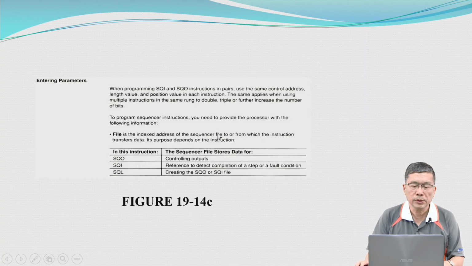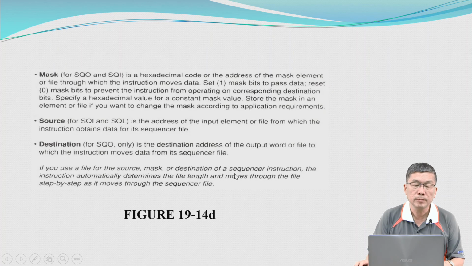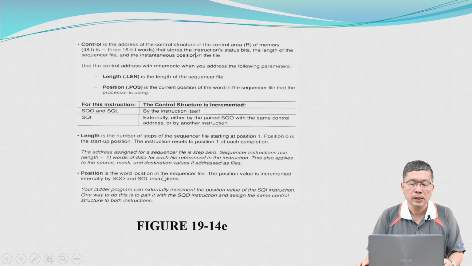This shows the controlling output, reference to detect completion of a step or a fault condition, creating the SQO or SQI file. This shows the mask, source, and destination. This shows the control.